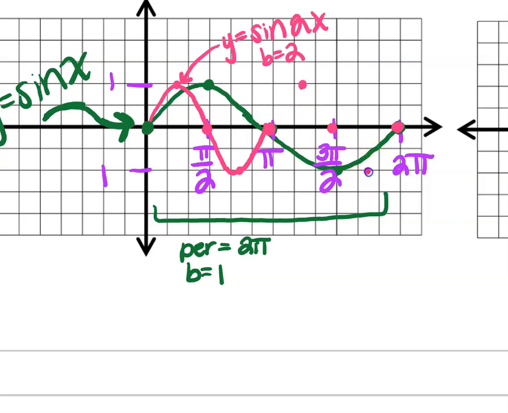Halfway, I'm down at the min. And that's why the frequency is 2. You are seeing 2 full cycles over 2 pi units. The period is pi units because that's how long it's taking you to see that one full cycle.